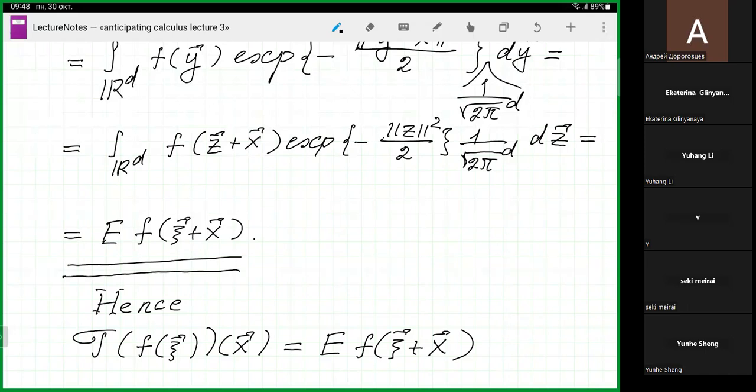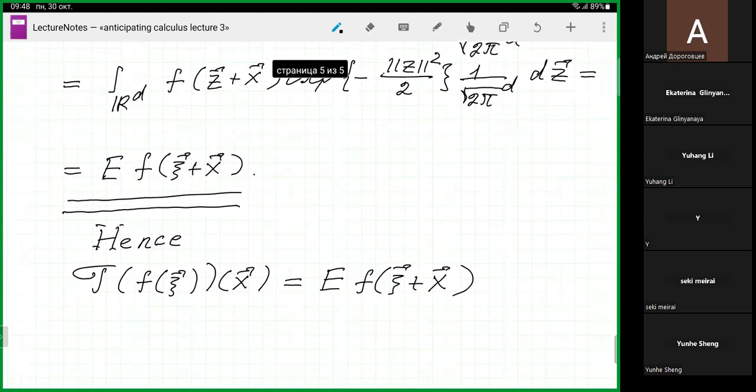Now we can go to the infinite dimensional case. We have a good representation for a square integrable random variable, and let us try to extend this representation to the case when we have an infinite number of random variables.